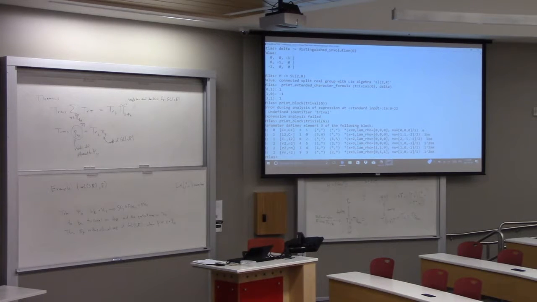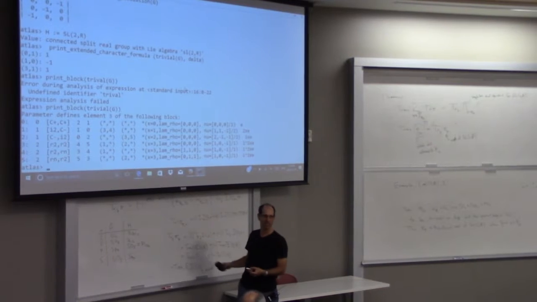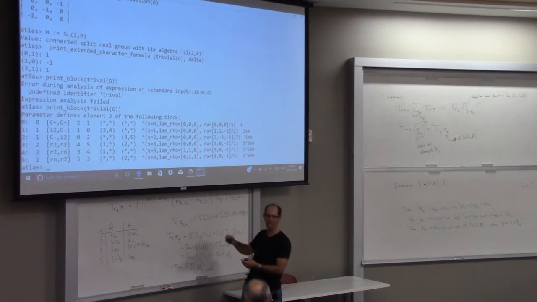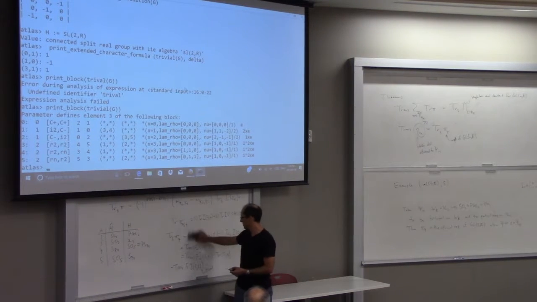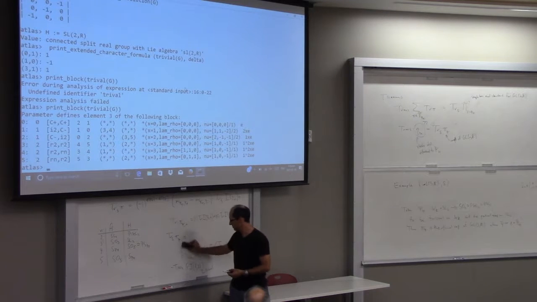And now when you restrict the induced guy, you get 0 on the non-identity component, because the delta is flipping the entries in the matrix, so to speak. So you take the trace of a non-anti-diagonal matrix, you get 0. So that thing disappears.